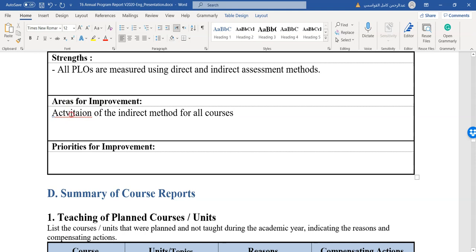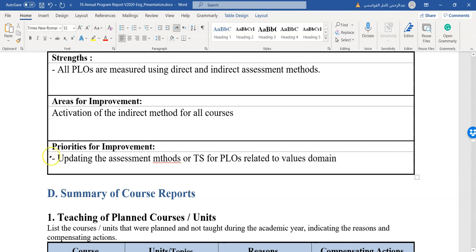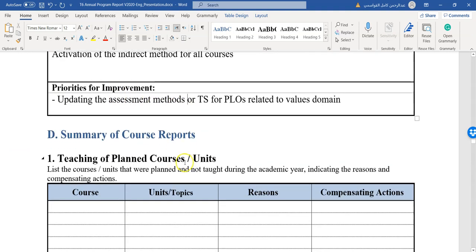For example, priorities of improvement, for example, updating the assessment methods or teaching strategies for program learning outcomes related to values domain. So you have to write here your priorities of improvement.